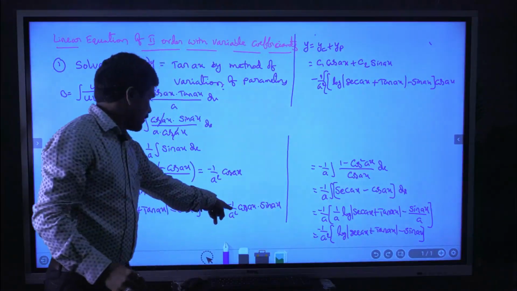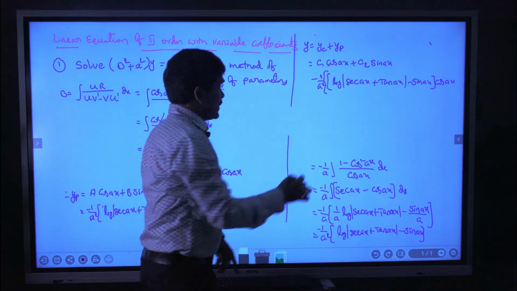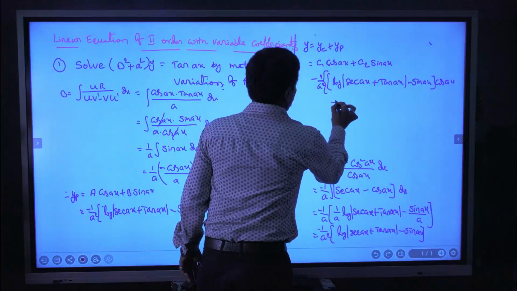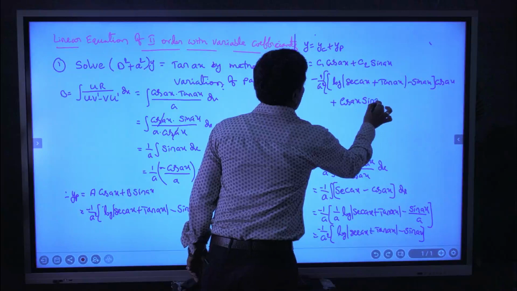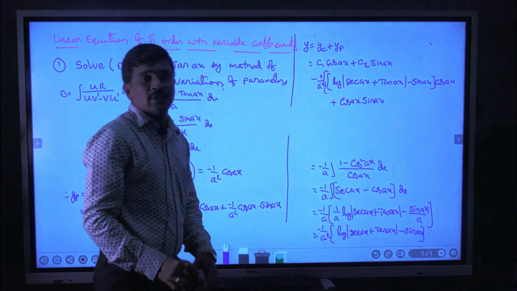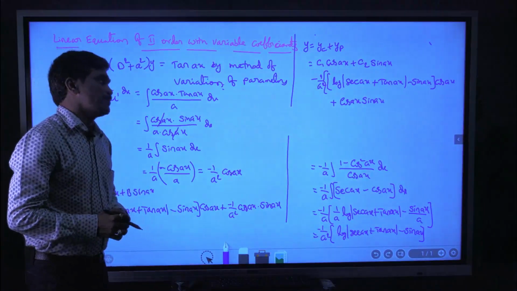Overall, minus 1 by a square is the common term. We get plus cos ax into sin ax. So this is our final solution, right?